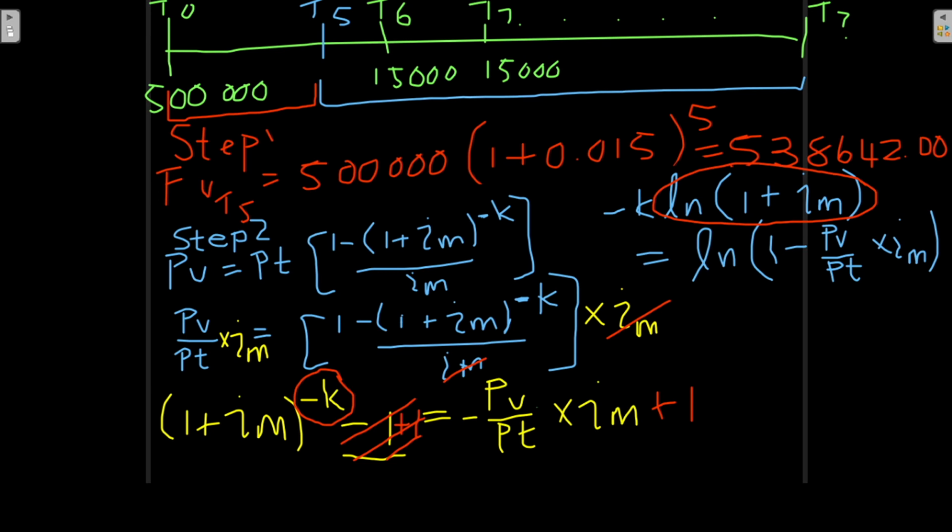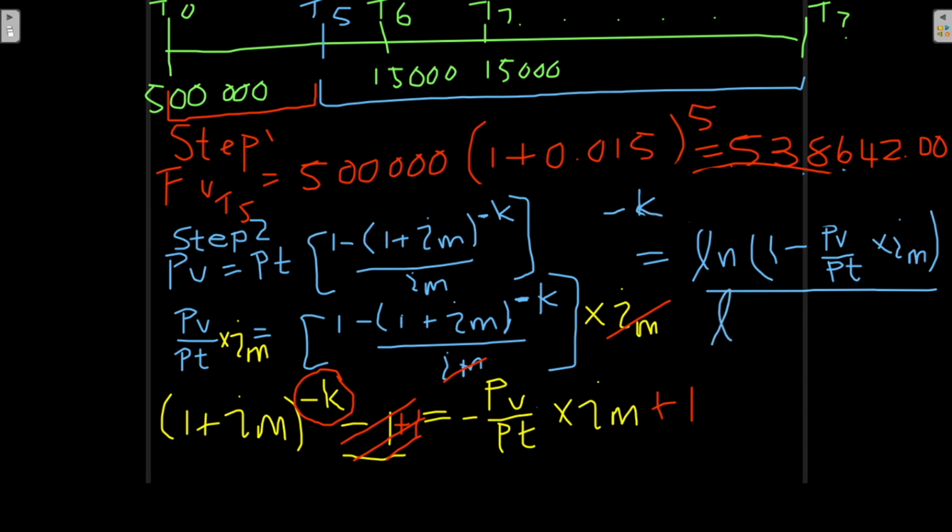So if I divide on the left with that term, it's going to fall away. And then I divide on the right with that term as well. Sorry, that is now minus k. I divide on the right with that term as well. And that gives me the value of negative k.